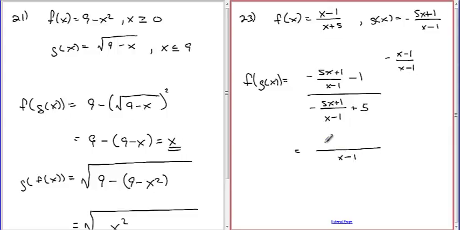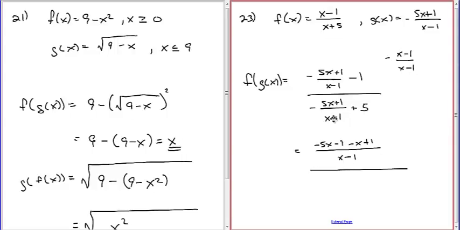And I'm going to apply this negative to those two terms. So you have negative 5x minus 1 here, and then a negative applied to that, so negative x plus 1. So this negative makes this negative, makes that positive.